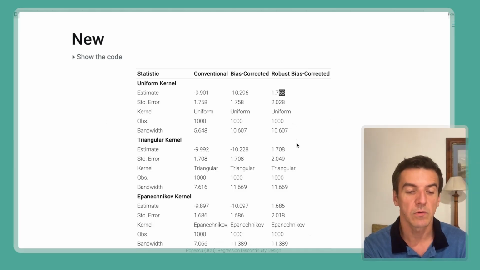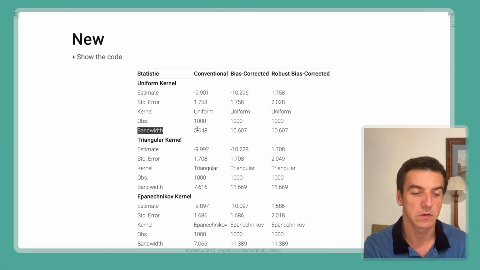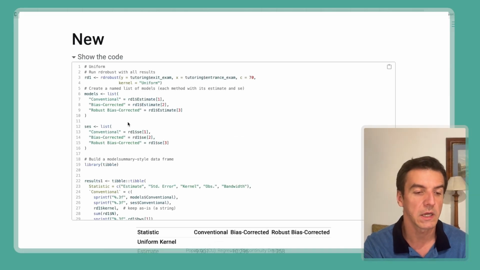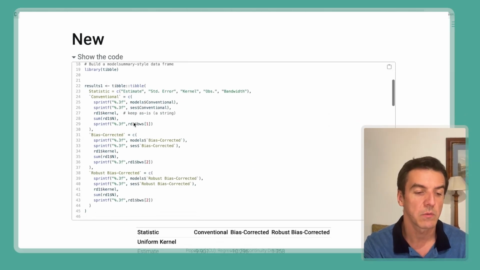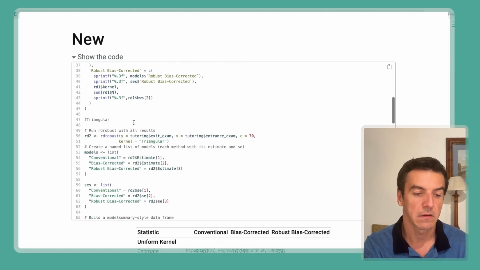Ideally, you want to present all of them. You can also see here that you have the bandwidth specified. In this iteration it is 5.64, in this iteration it is 10.607, and the same in the robust bias-corrected version. Once again, if you simply copy and paste this code, you should be able to obtain exactly this table.